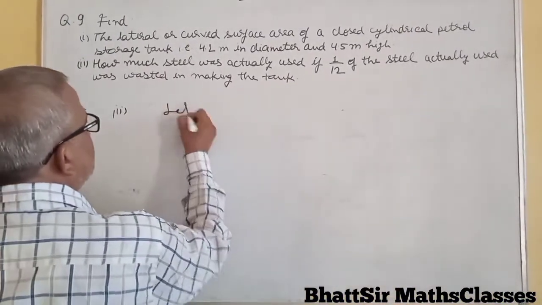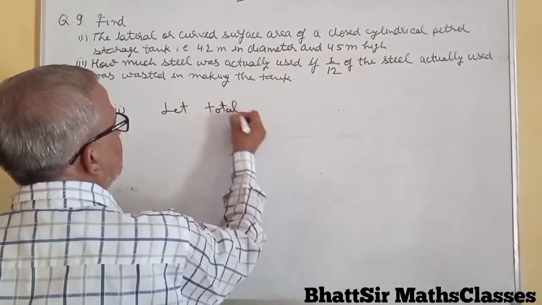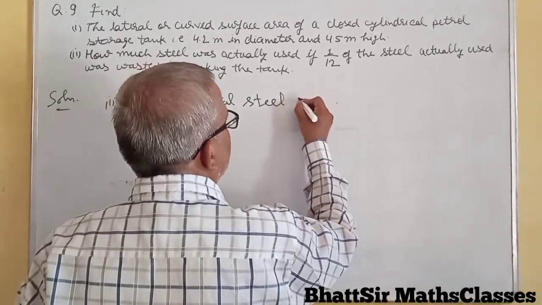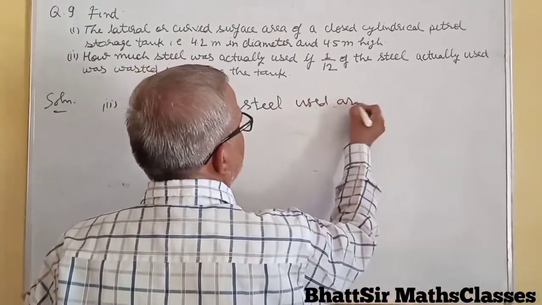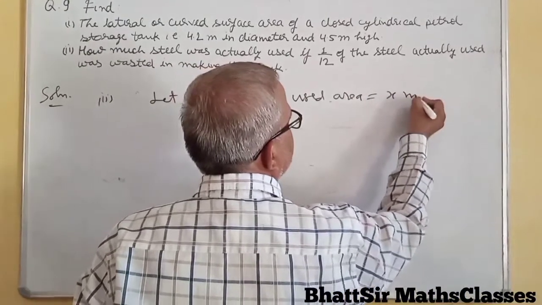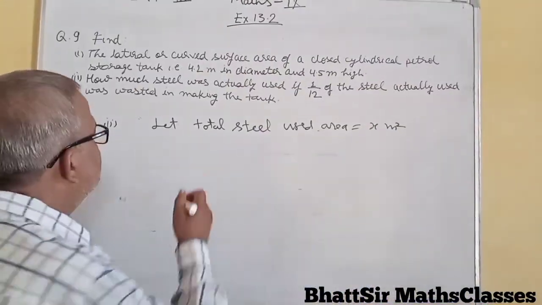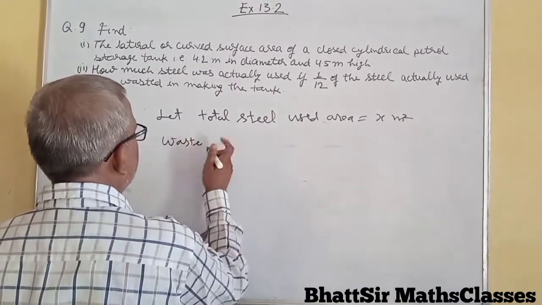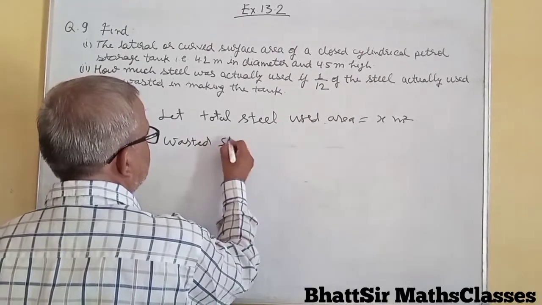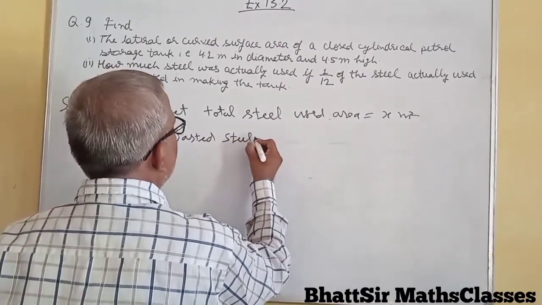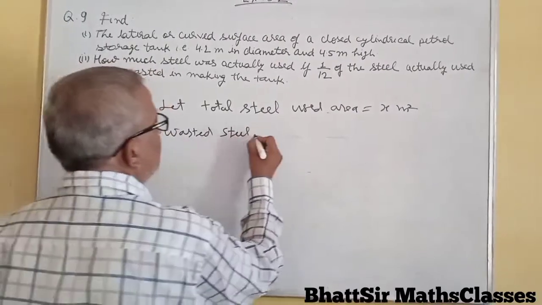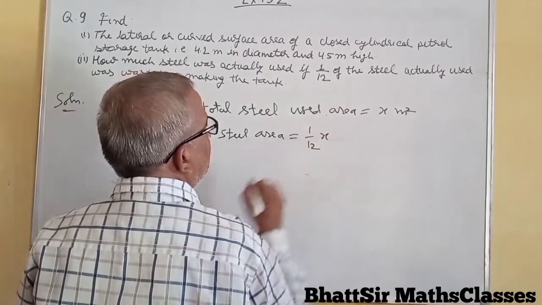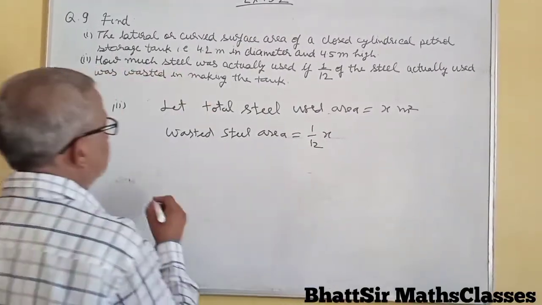Let the total steel used area equal to x meter square, and wasted steel area equal to 1 upon 12 of x, 1 upon 12x.